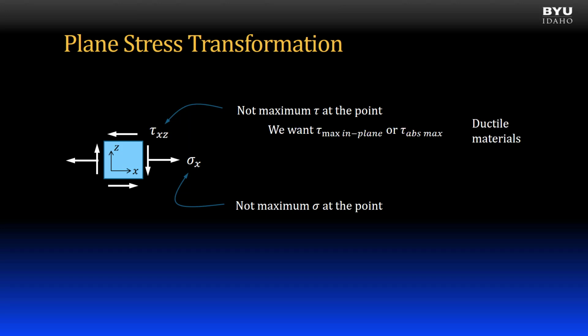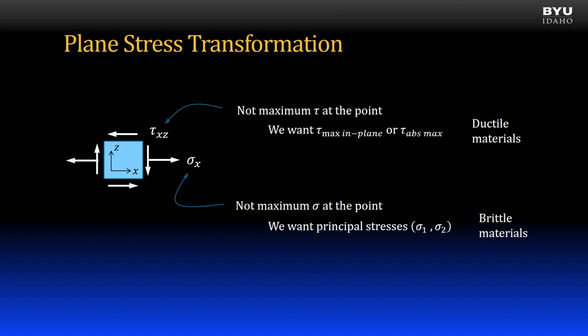Instead, I may want to find the max in plane or absolute maximum shear stress. This value is often used for evaluating potential failure in ductile materials. I may want to find the principal stresses, which are the maximum normal stresses.